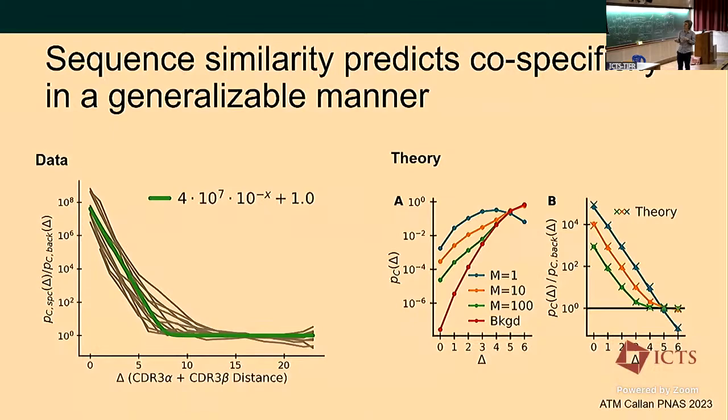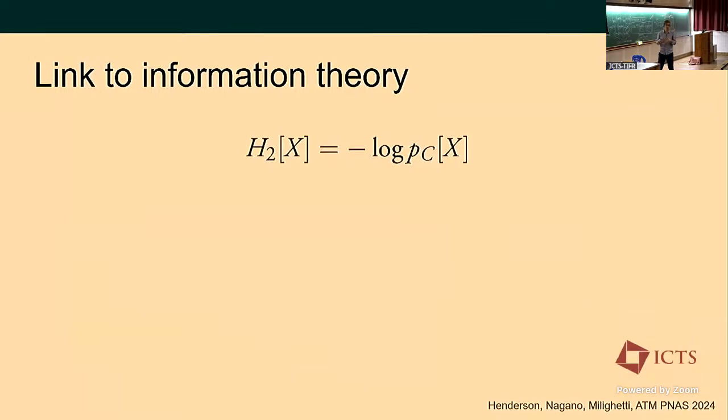And so then, what else can you do? Well, you can link this back to information theory, and I've already hinted at this. Minus log of this probability of coincidence is just a Renyi entropy of order 2.